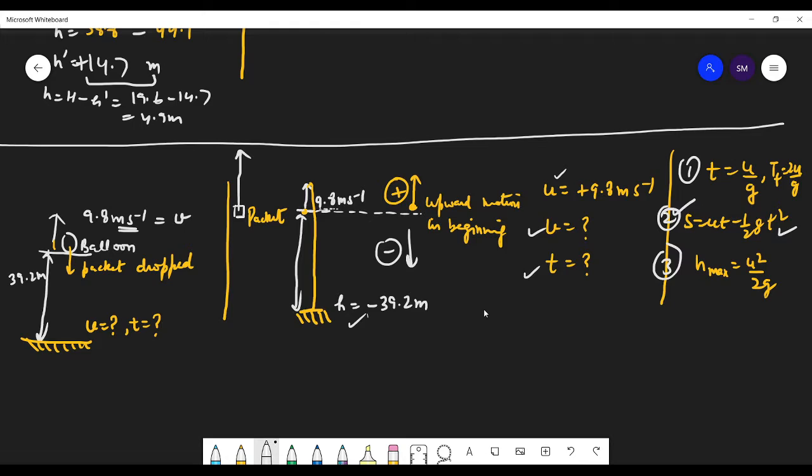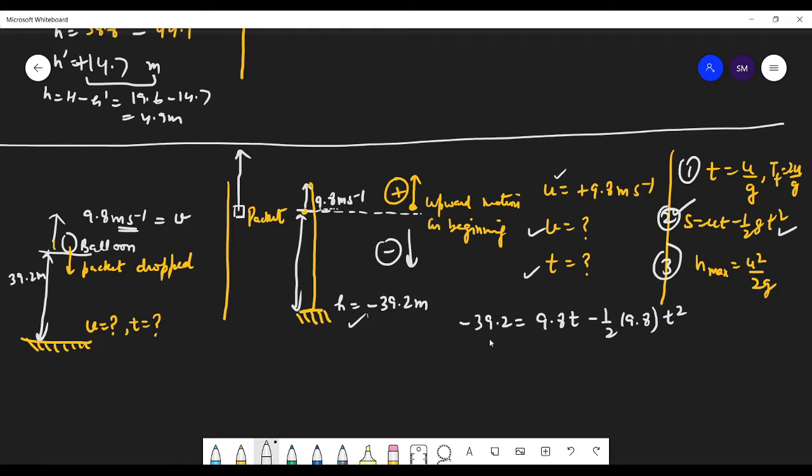So let us use this formula: minus 39.2 is equal to u, which is 9.8, into t, minus half into 9.8 into t square.